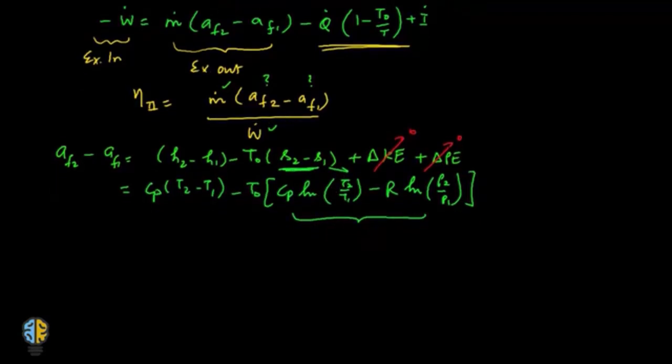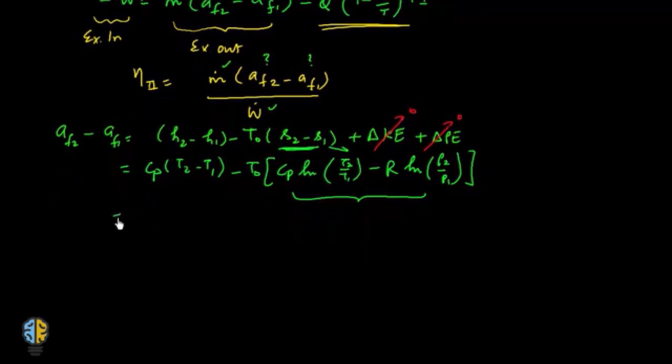Now if you go further, you just have to plug in the values as it is. So it becomes 1.005 into (160 minus 25). Now T naught was 25, so it becomes 298. Cp again 1.005 natural log.